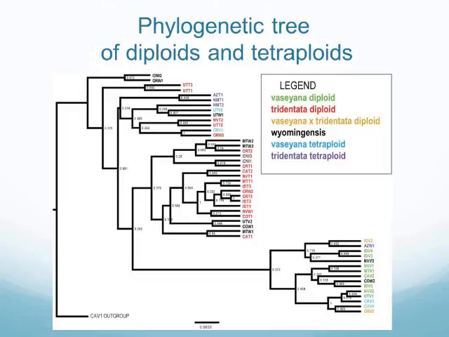When we add in the tetraploids, things get a little more interesting. If you can pick out the black labels in the tree, you can see we still have separation of our Bassiana and our tridentata subspecies, but our tetraploids are mixed throughout both clades. I have these labeled as wyomingensis, and then Bassiana tetraploid and tridentata tetraploid.